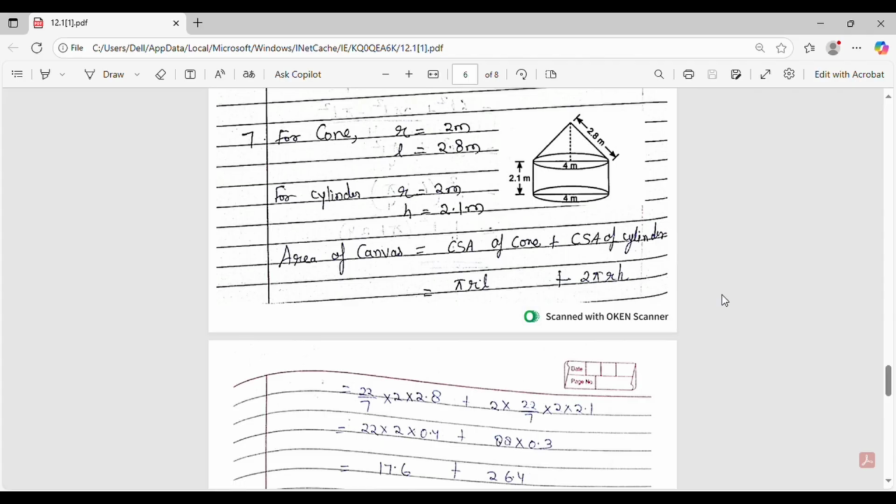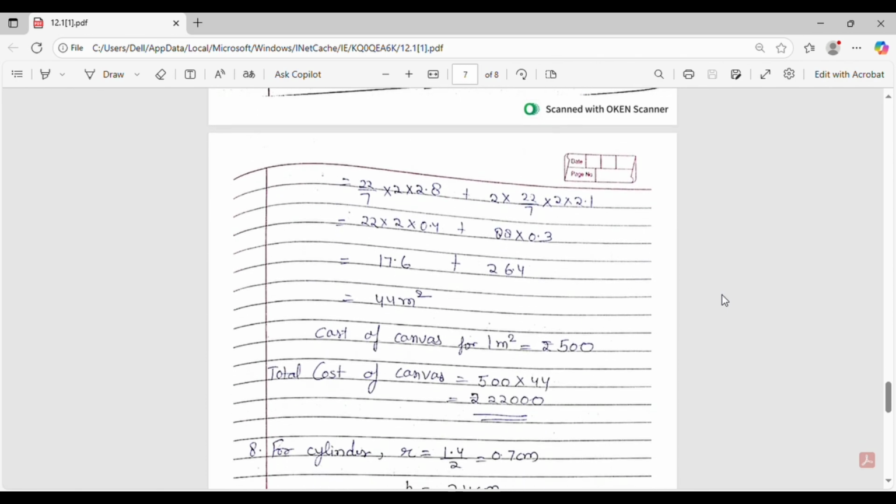So we can see the tent is in the form of a cone and a cylinder. So to find the area of canvas, we need the surface area of the whole figure, or you can say the tent. So area of canvas required would be CSA of cone, which is the curved part of the cone, and the CSA of cylinder. So it would be pi r l plus 2 pi r h.